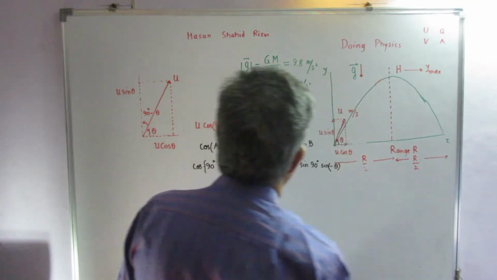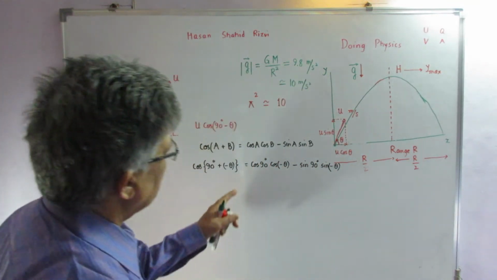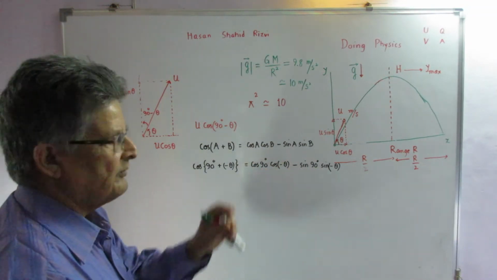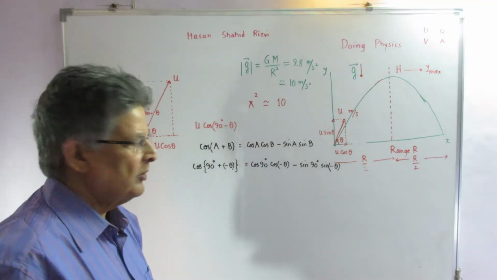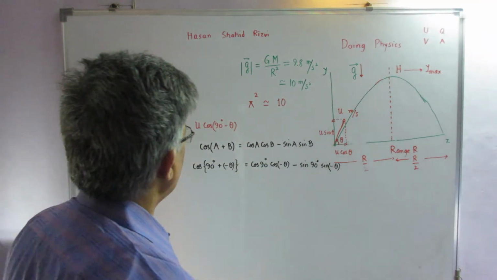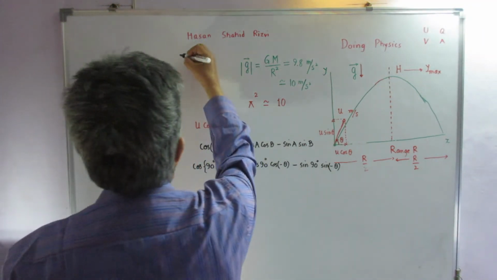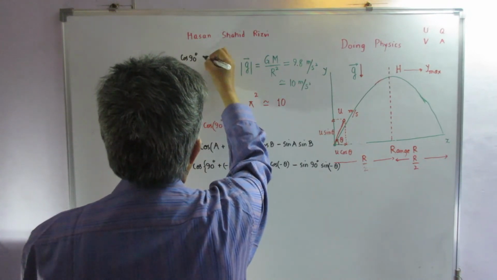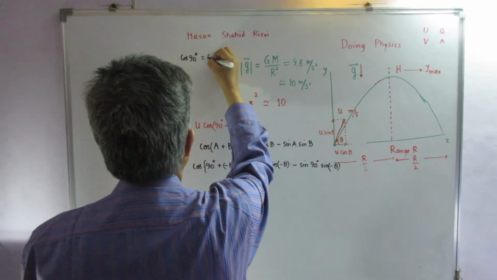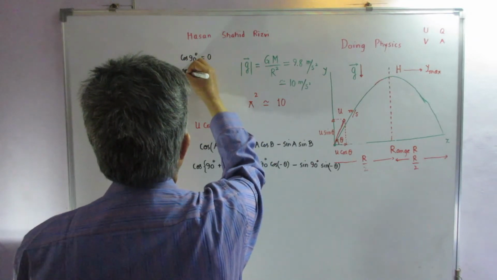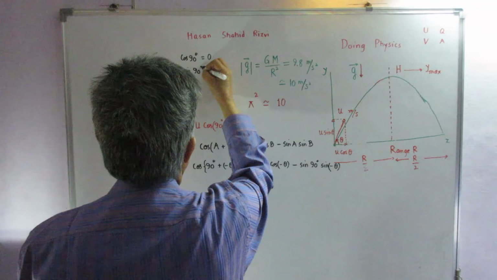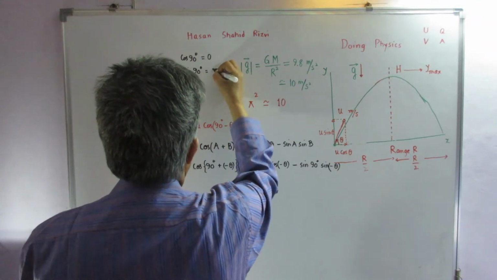Now, we definitely need to know the cosine values and the sine values, and there will be an occasion when I will tell you all the values of sine and cosine. So cos of 90 degrees is equal to 0, and sine of 90 degrees is equal to 1.